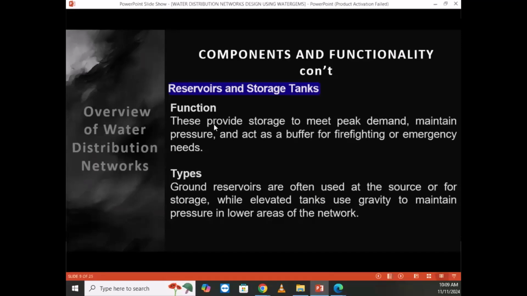Here, the function is to provide storage to meet the peak demand, to maintain the pressure and act as a buffer for firefighting or emergency needs. Storage reservoirs most of the time act as a buffer for firefighting. While you are designing the tank, you will use a kind of Excel. In WaterCAD, you don't design a tank.